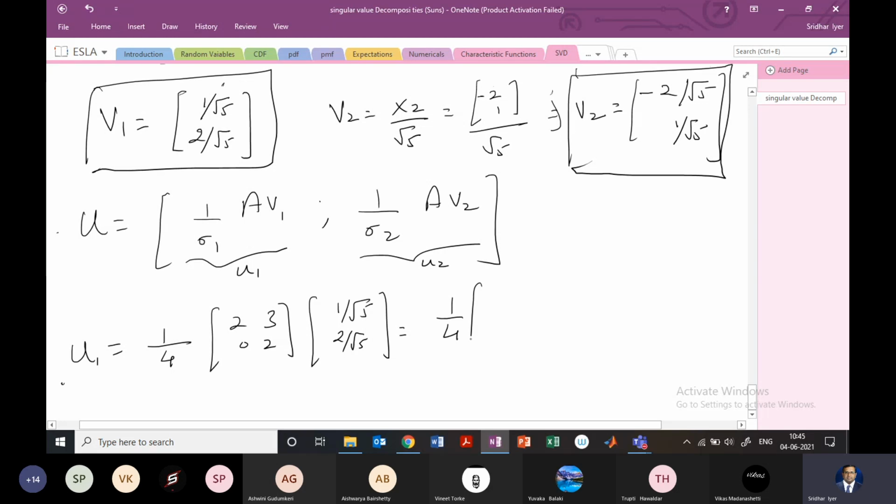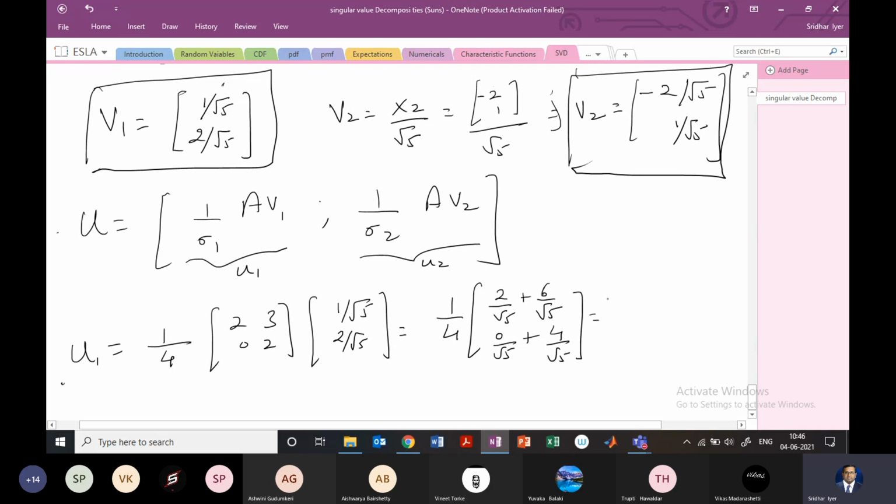So you'll get 1 by 4. Then you'll get 2 into 1 by root 5, so 2 by root 5, plus 3 into 2 by root 5, so 6 by root 5. Then second you'll get 0 into 1 by root 5, so 0 by root 5, plus 2 into 2 by root 5, so 4 by root 5, right?